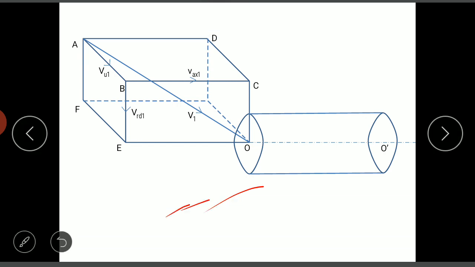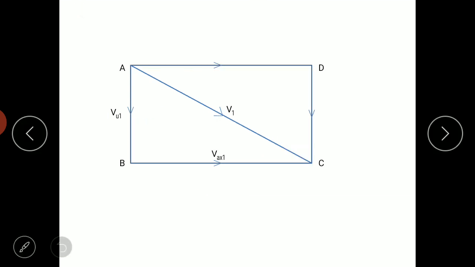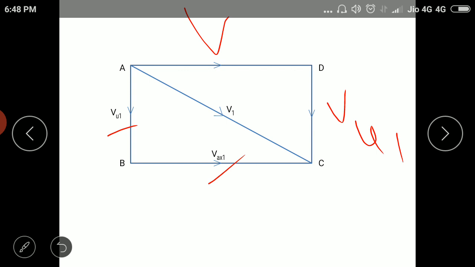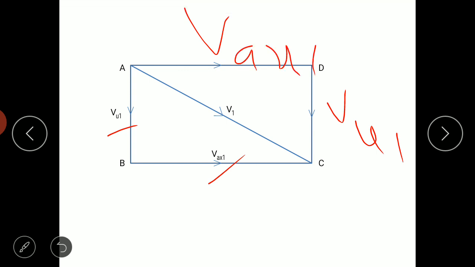Please understand this. Now here AB is V1, BC is Vx1, CD is also V1, and the other side is also Vx1. Now, in the earlier figure we had drawn V1 as the body diagonal, but here we have taken it as the face diagonal, AC.